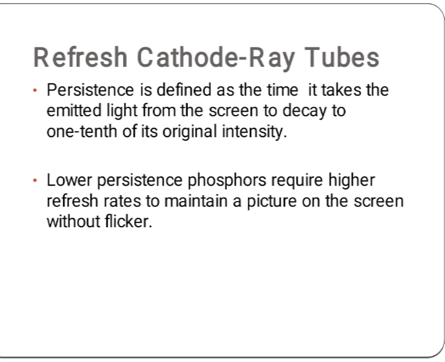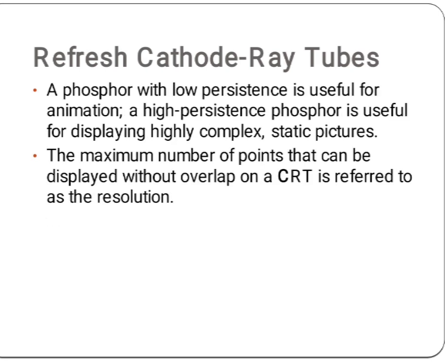Lower persistence phosphors require higher refresh rates to maintain a picture on the screen without flicker. A phosphor with low persistence is useful for animation. A high persistence phosphor is useful for displaying highly complex static pictures.